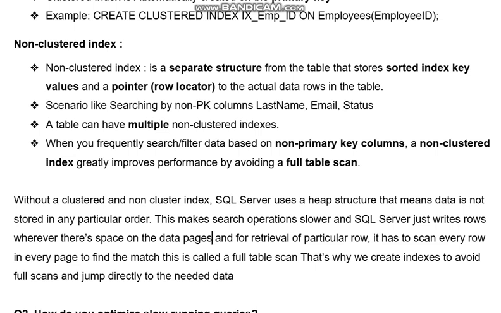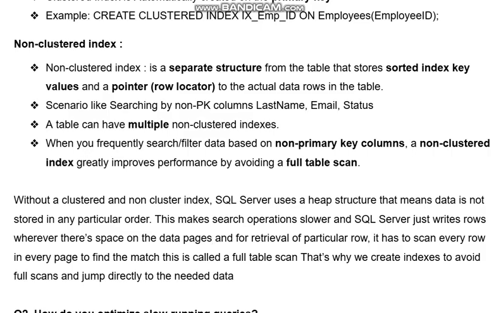This makes the search operation easier and faster. Without a cluster index, to retrieve a particular row it has to scan every row in every page to find the match.